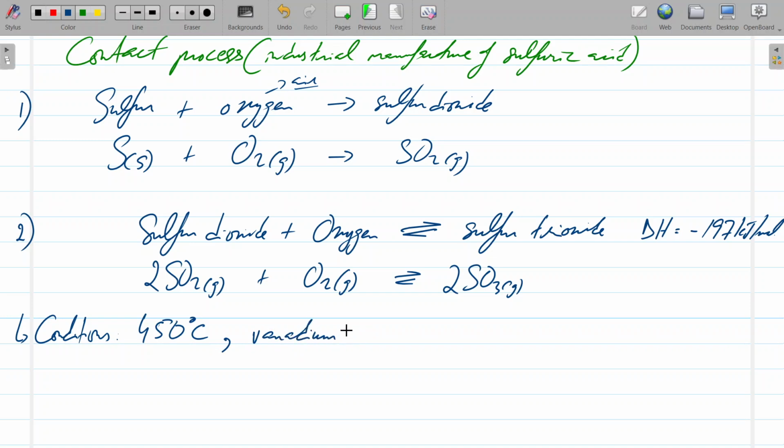That's not V for vanadium, that's the Roman 5 oxide, which looks like this. Chemically, it is V2O5. This V is for vanadium. This V is for the Roman 5, just to clarify that.